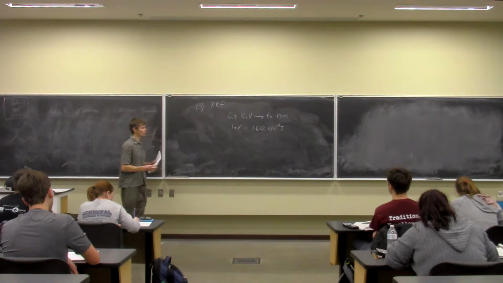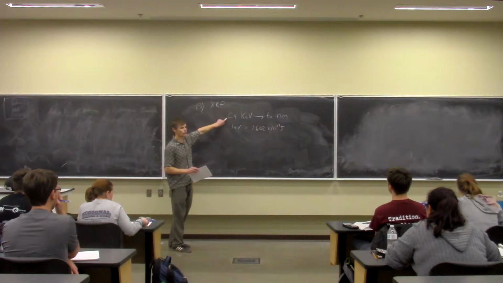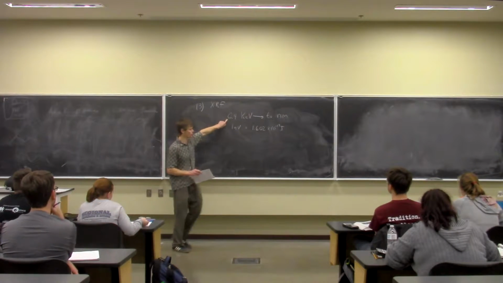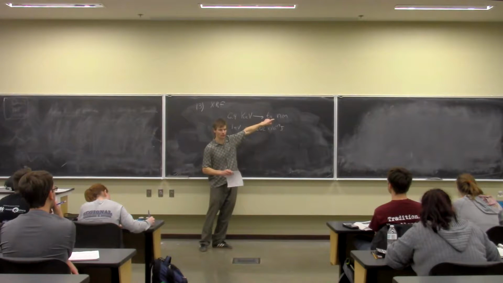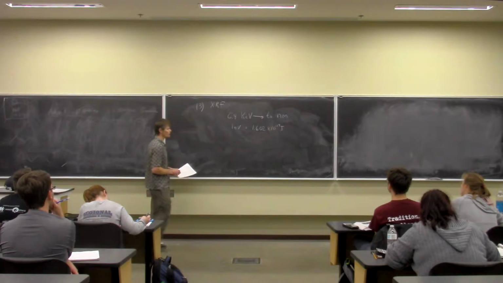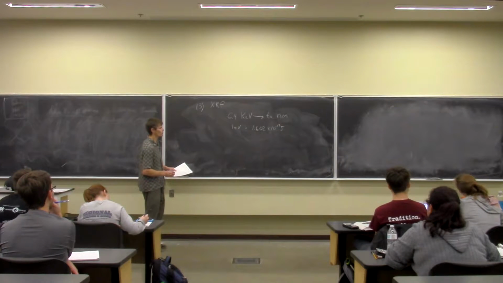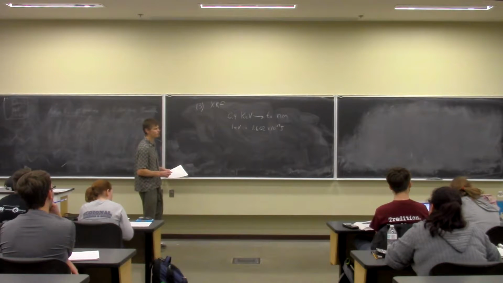So what we need to do is convert electron volts or kilo electron volts to joules. Once we know that, we can use our Planck relationship to convert it to wavelength in nanometers. So the first step, let's convert 6.4 kilo electron volts to joules.